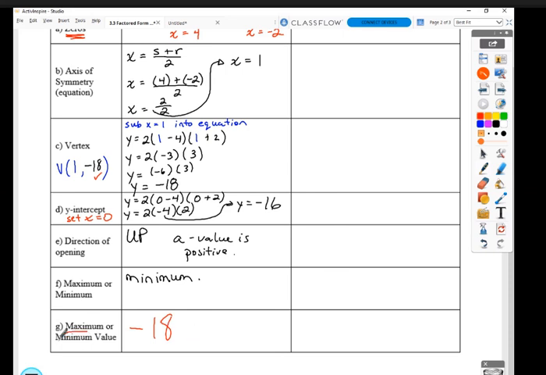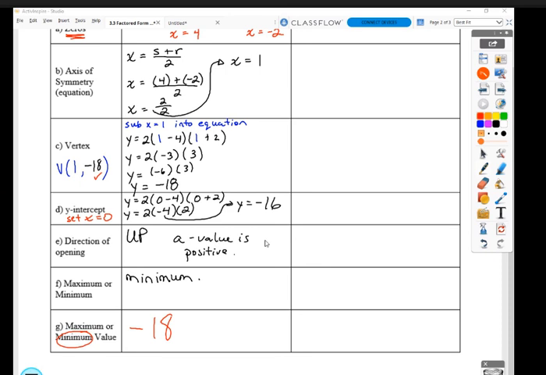Or perhaps we could say the optimal value. But yeah, that's the thing about the vertex, right? The x value of the vertex is the axis of symmetry, and then the y value of the vertex is the actual optimal value. And sometimes, for me, it feels so much better to just see it on a graph. And notice how that minimum value you can see here is at negative 18.